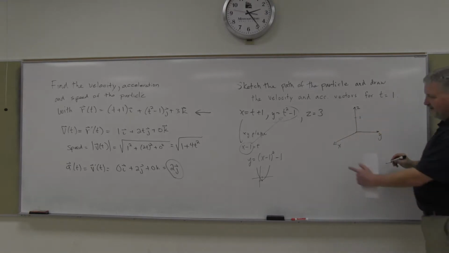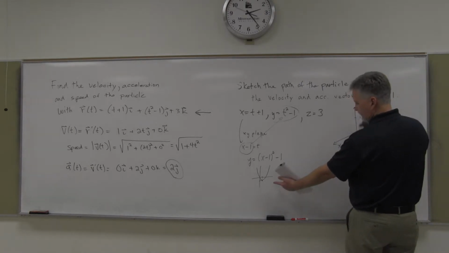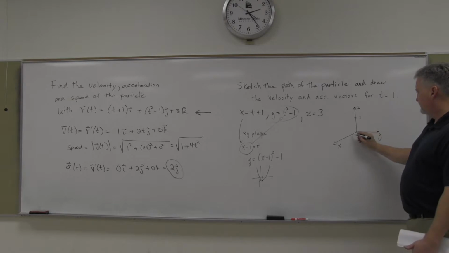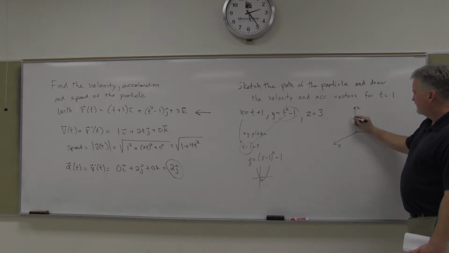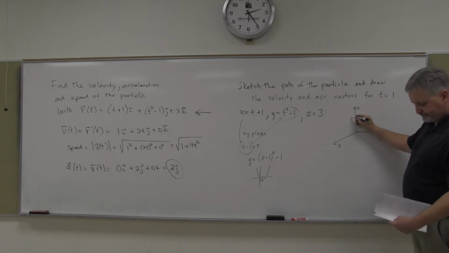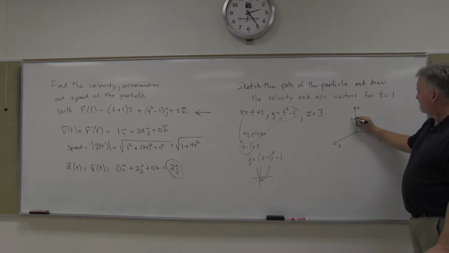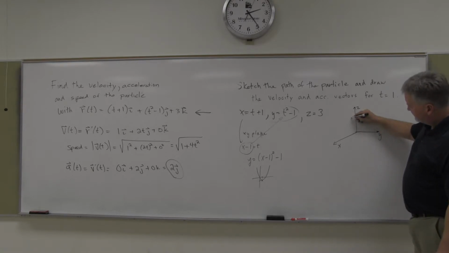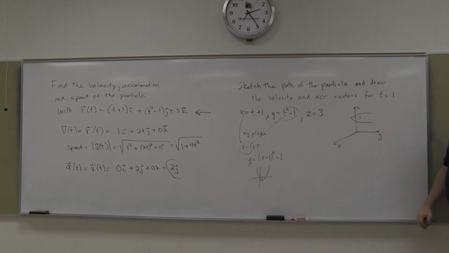So if I think about that, but at a height of 3, it'd be here, and then 1 unit back. So it's kind of up in here. A parabola, flat this way.